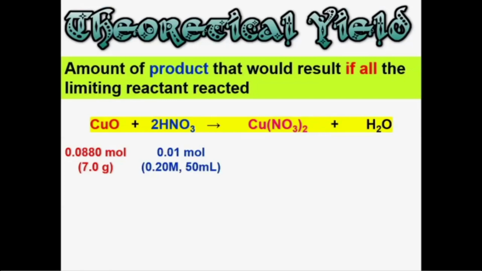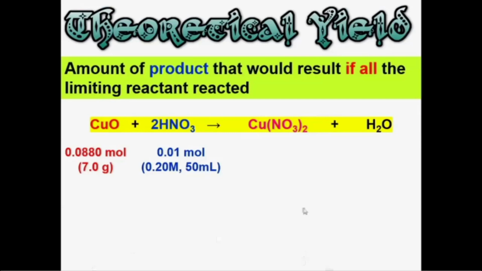Or in the form of moles, we are going to get 0.01 mole. Okay, so just now we have already determined that in this reaction, nitric acid is the limiting reactant, and that's why the moles of copper nitrate produced depends on the moles of nitric acid.